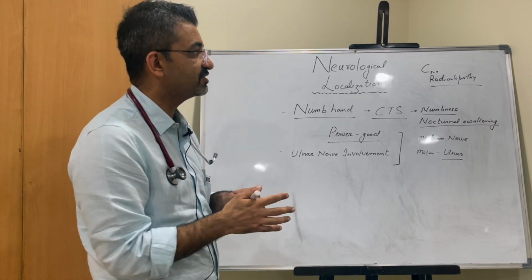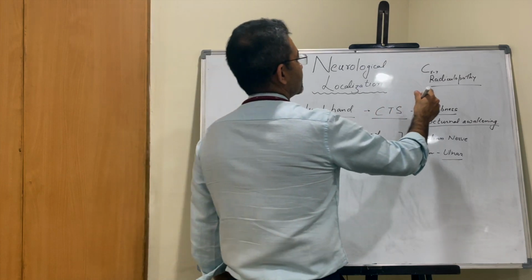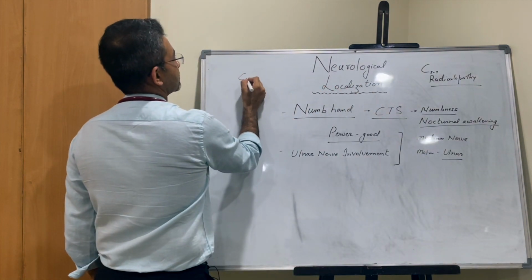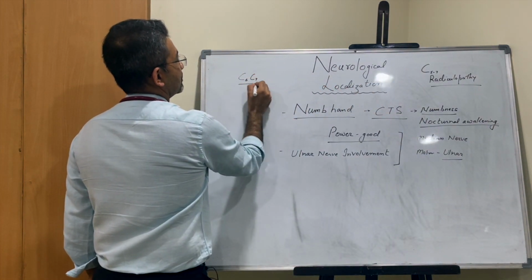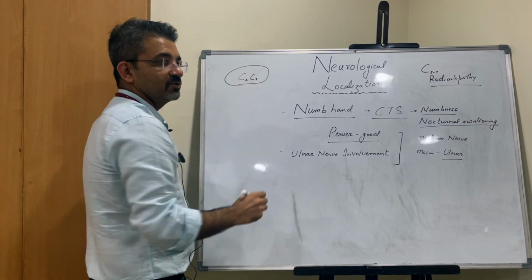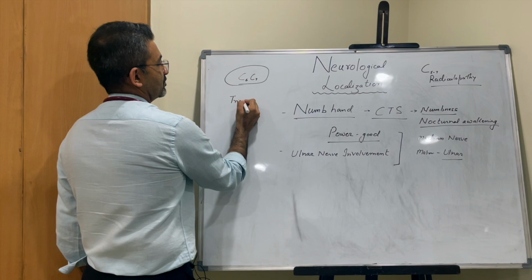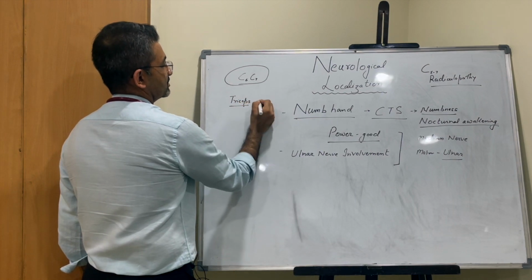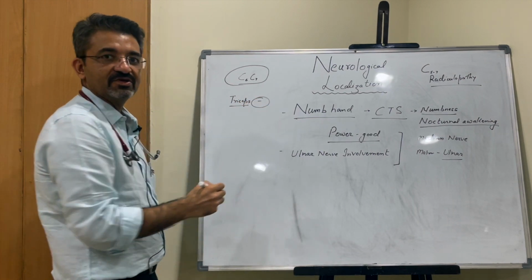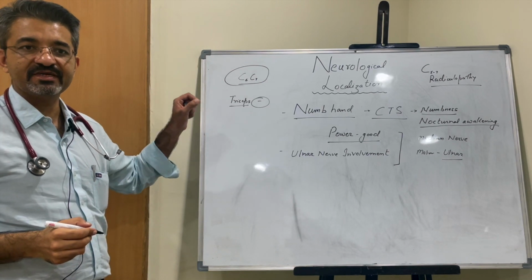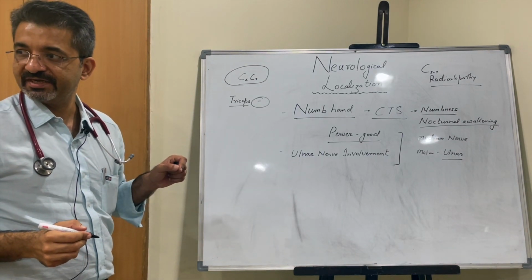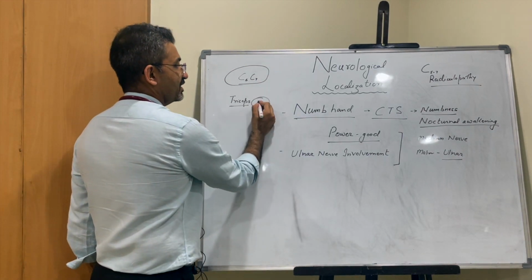So how do you differentiate? Suppose you have a C6, C7 nerve root problem. What happens to your triceps reflex? Triceps reflex gets absent, because whenever you have a root problem, it's a lower motor neuron problem, right? A lower motor neuron problem will give rise to an absent reflex.